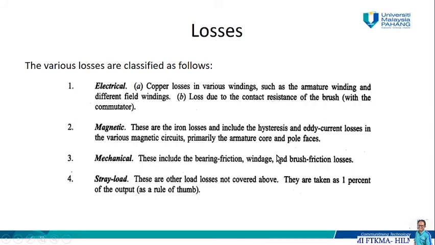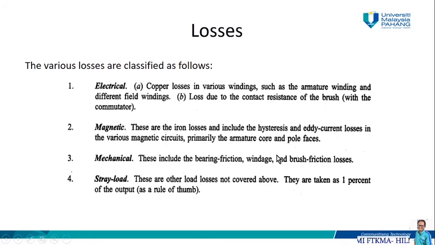We learned that the brush and the commutator are in contact, so there will be electrical losses in this part. There will also be magnetic losses, where the iron losses are included, and the hysteresis and eddy current losses in the various magnetic circuits. This is going to occur primarily in the armature core and the pole face.